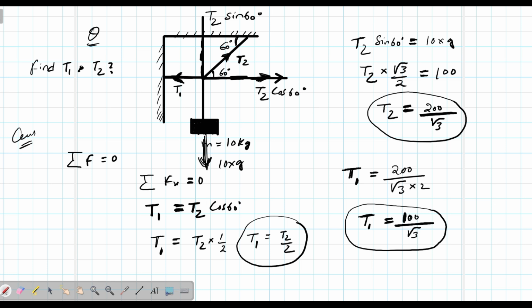So T1 is 100 by root 3, and T2 is 200 by root 3. So that is the equilibrium concept.